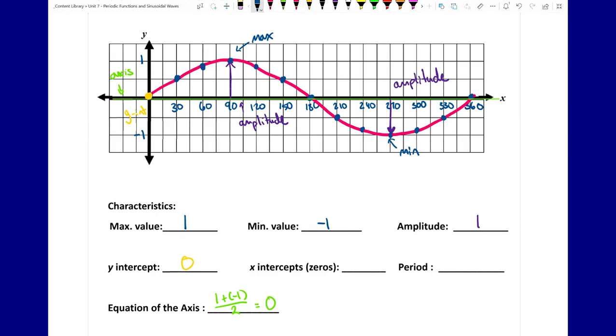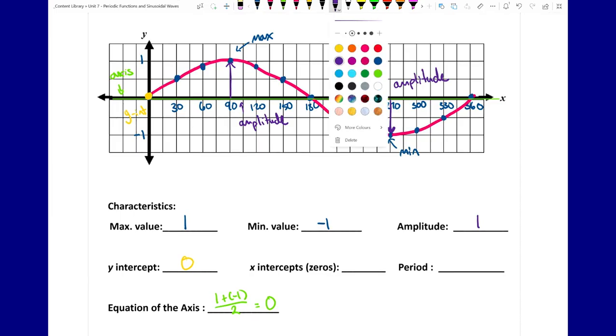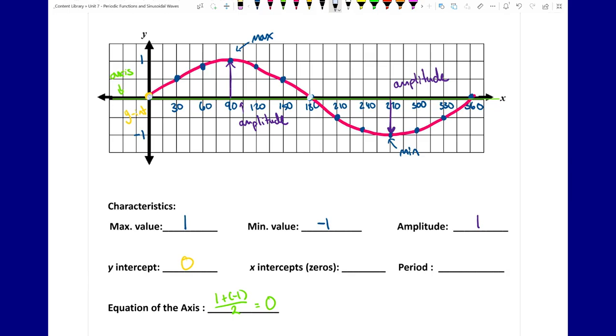Our x-intercepts, where does it cross the x-axis? Let's see what color we can come up with for this one. Maybe more of a silver. So we can see that it crosses at 0, 180, 360.